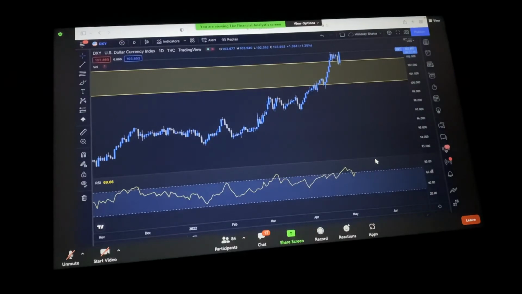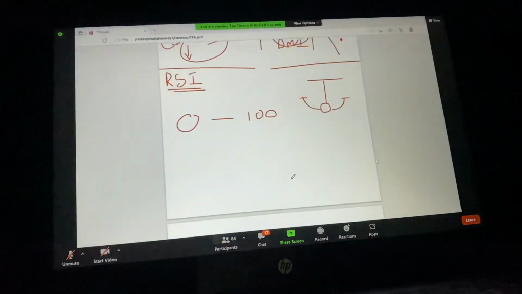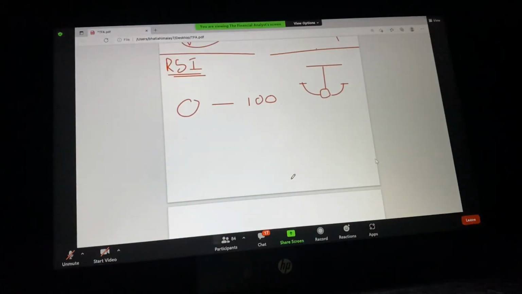Now this range of 0 to 100 is classified into 3 groups. 0 to 30, which is known as your oversold zone. 30 to 70, which is known as your normal zone.